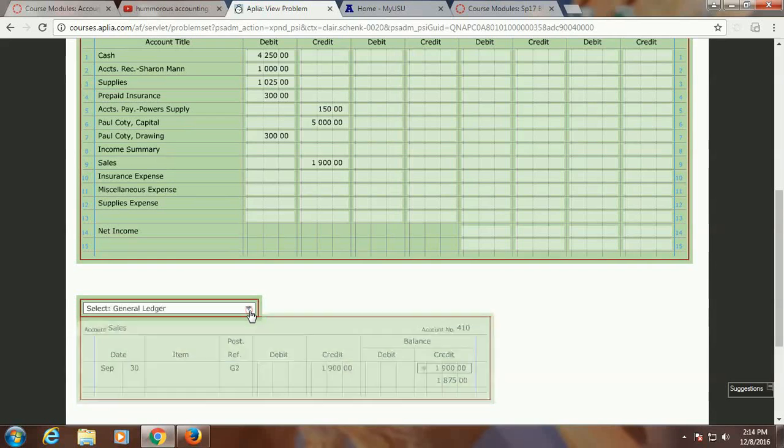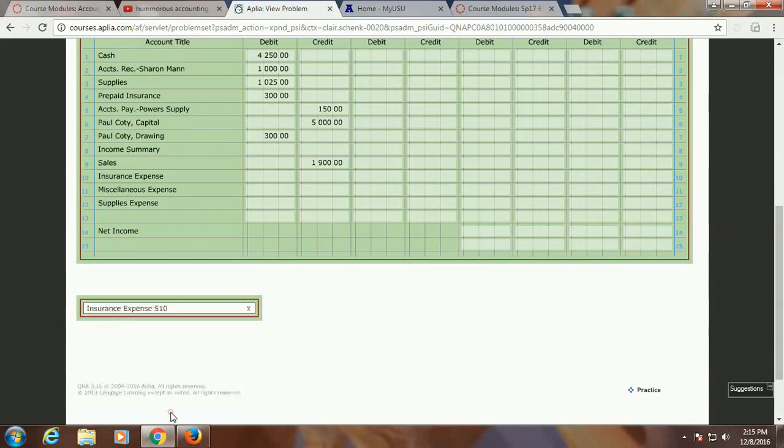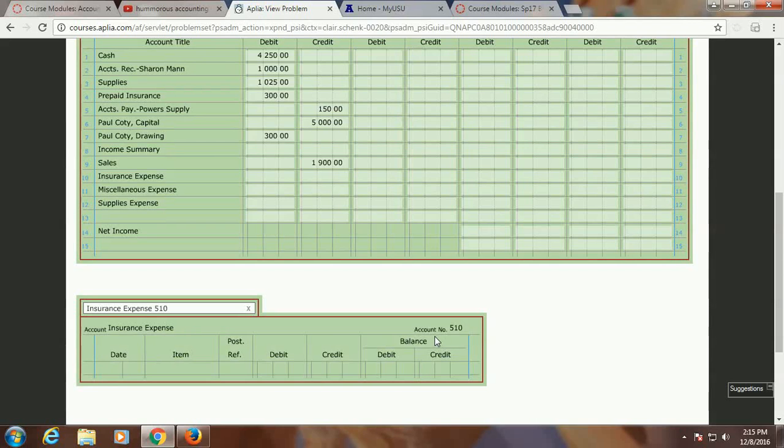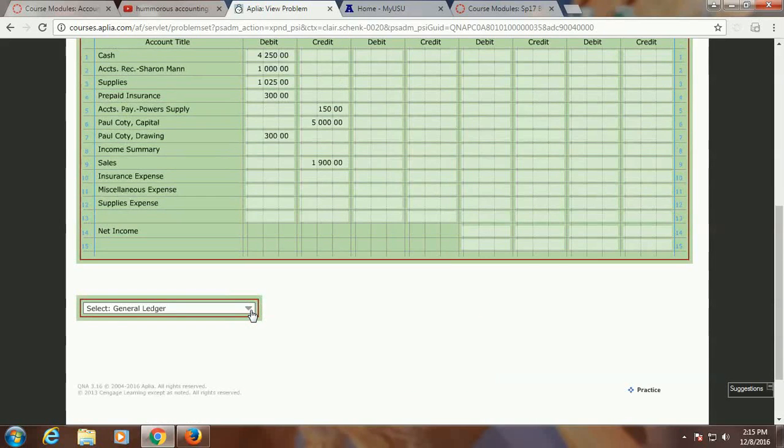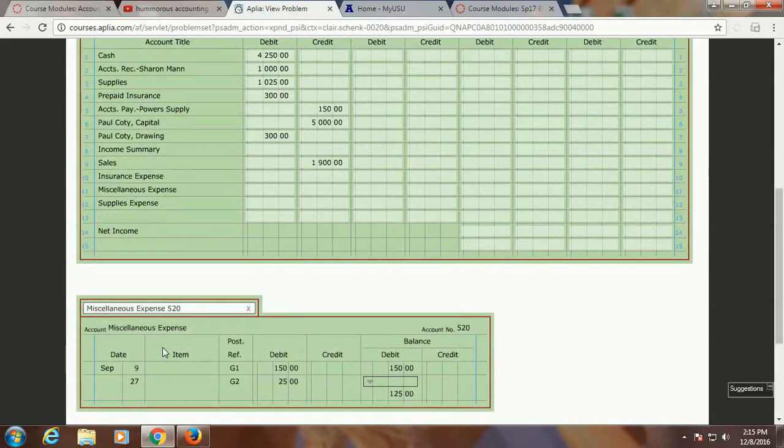Let me close sales and then open insurance expense. It should be empty, nothing in it. And it is, so that's a good sign. So we go to the next one, miscellaneous expense. And 150 plus 25, it looks like they subtracted instead of added, it should be 175 debit.